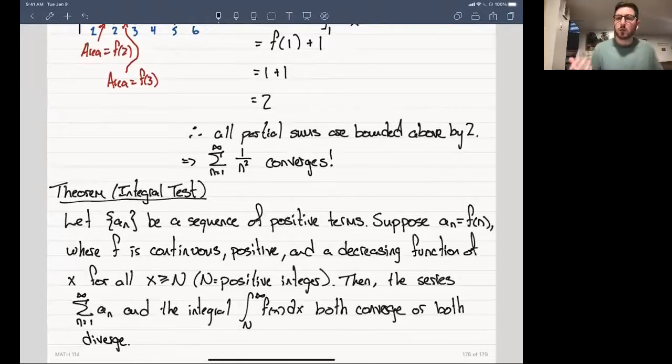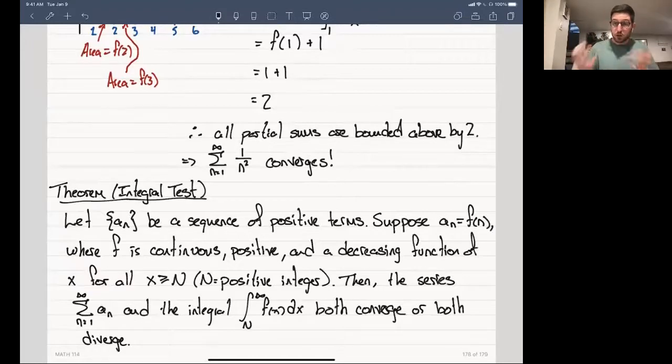Okay, so what the integral test really does is it says if you can find a function that describes, jumping from point to point in this sequence, then you can translate the question of asking whether or not the series converges to whether or not the integral converges.